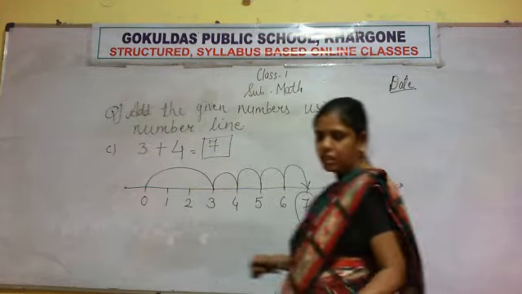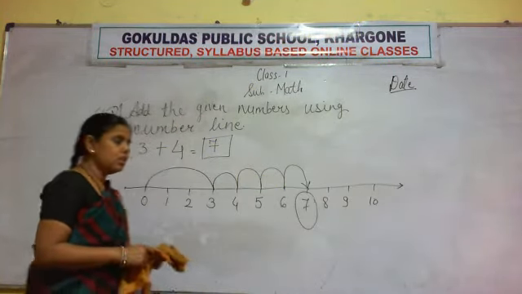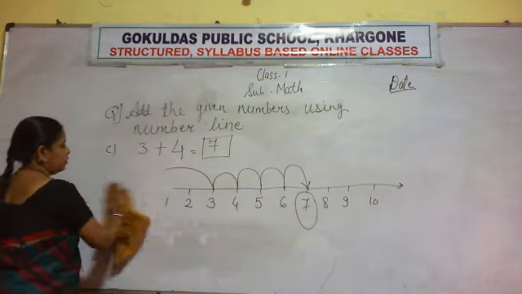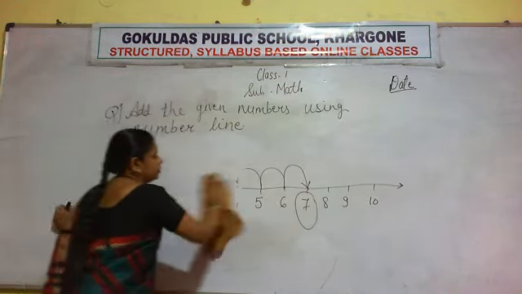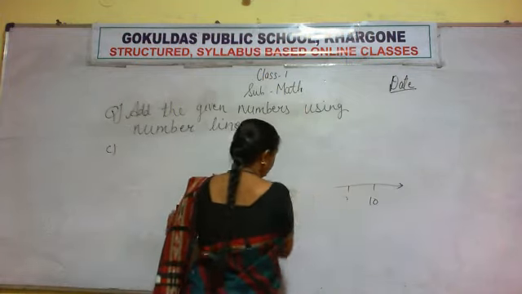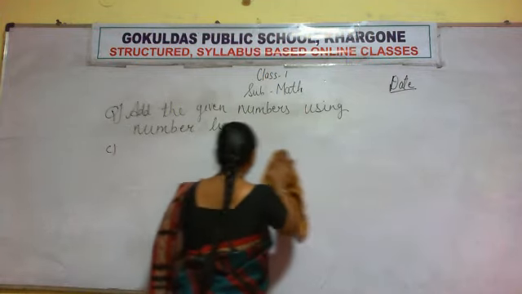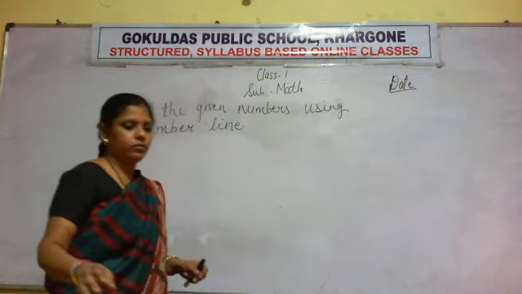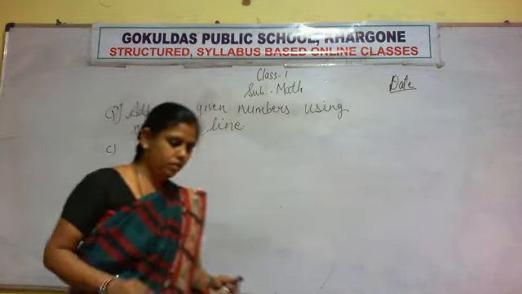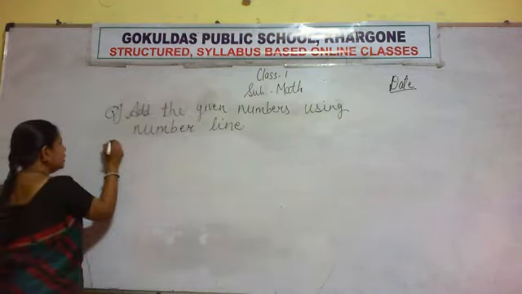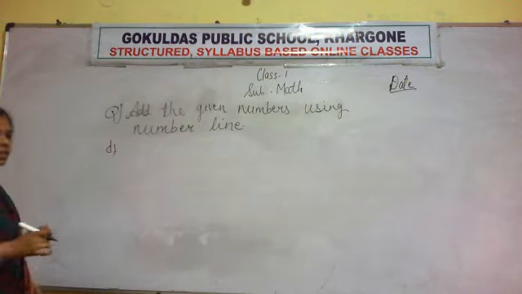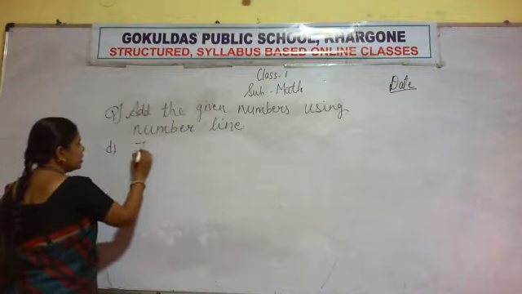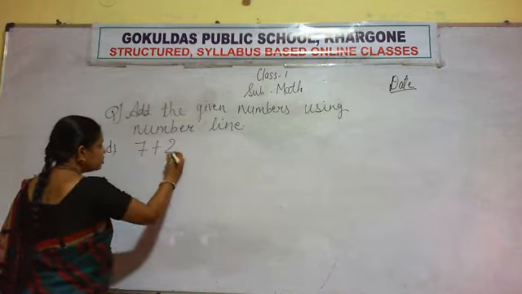Okay, now the last question that is given in the book is 7 plus 2. Now, next question D. 7 plus 2.